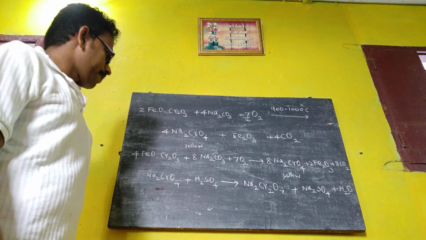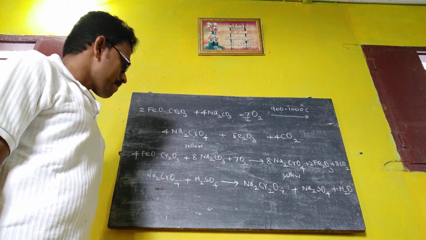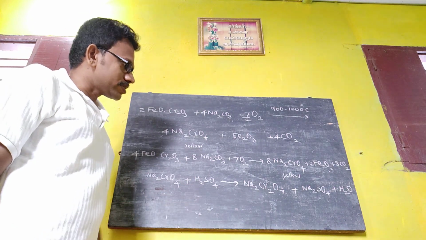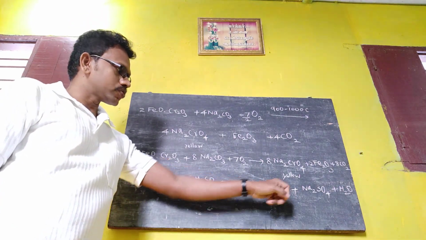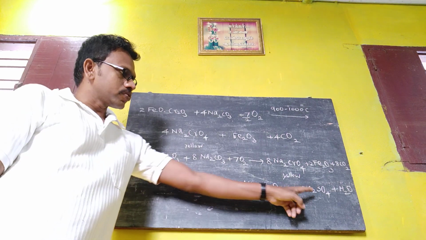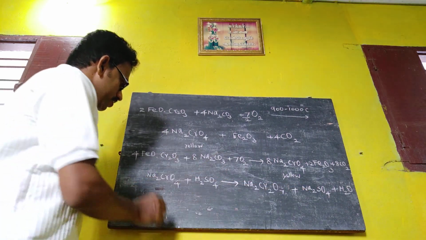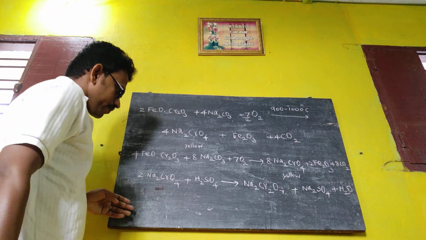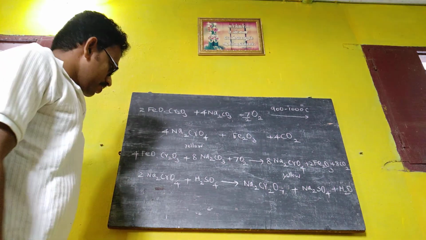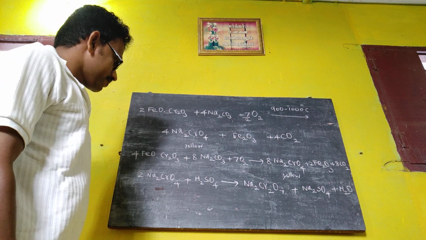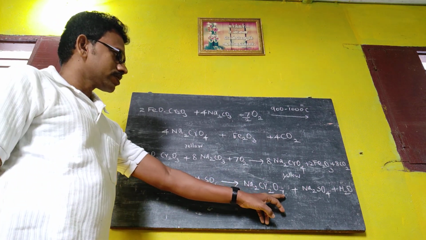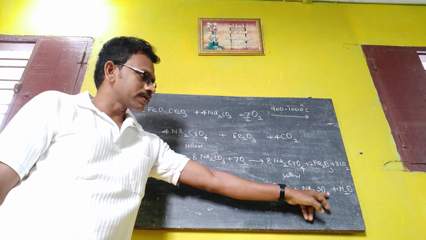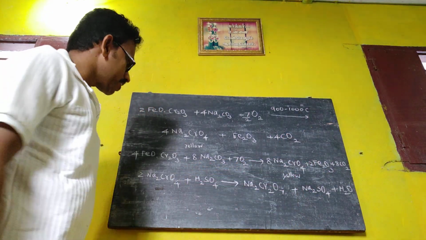Okay. Now we see these two unbalanced equations. For balancing this equation, we have to see the sodium, Na2. Totally 4 sodium is here. So chromium also 2. Okay, I just put 2 here. Now you can see the equation is balanced. Okay, the oxygen is 7 plus 4, 11 plus 1, 12.